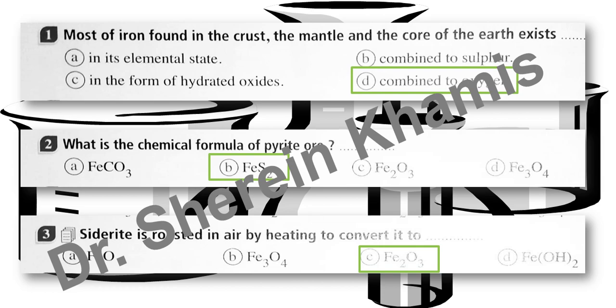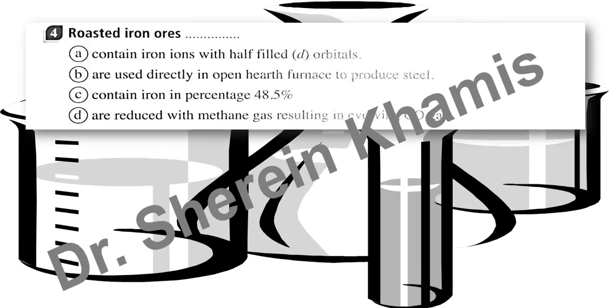Okay, another question. Question number 4 here. We have roasted iron ores. What is the main property of them? Contain iron ions with half-filled d orbital, are used directly in the open hearth furnace to produce steel, contain iron in the percentage 48.5 percent, or are reduced with methane gas resulting in evolving carbon monoxide gas.